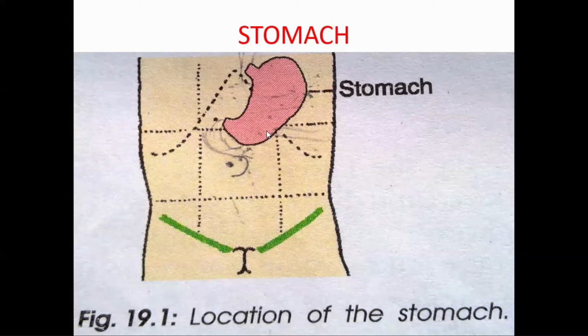Now, why should we have knowledge about the regions of the anterior abdominal wall? Because in these regions the abdominal viscera are located. The stomach lies mainly in the left hypochondrium, partly in the epigastrium and the umbilical region.